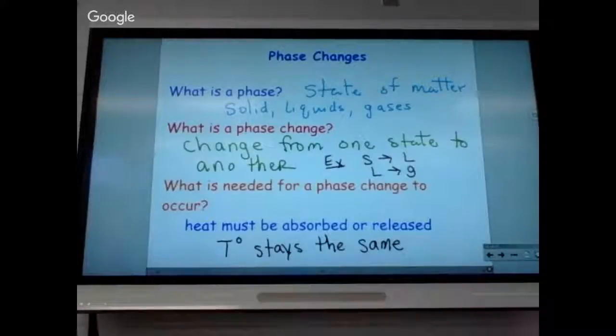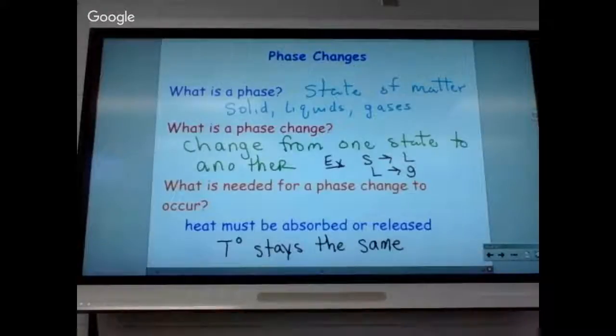So, when ice melts, can anybody tell me what temperature water has to be for water to change into ice? Anybody know? I'll take Celsius or Fahrenheit. I'm not picky. 32 degrees. 32 degrees is on what scale? Fahrenheit. Anybody know the Celsius?